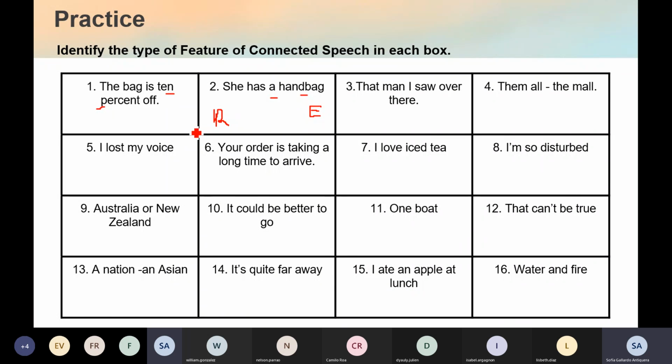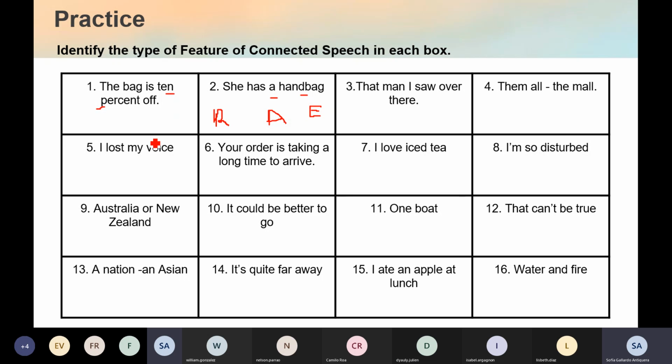Let me try to give you a clue because there is one feature missing. I'm gonna give you this one, but I think you already spotted two, so that's great. So we have assimilation. Why, you might be asking. The sound "d" followed by "b" changes to "b".